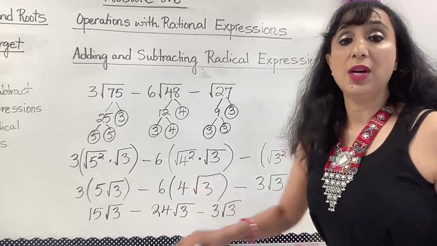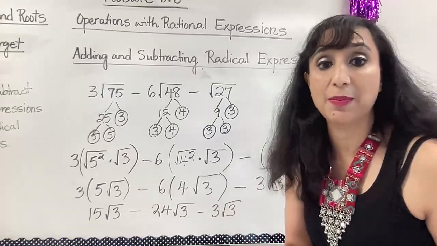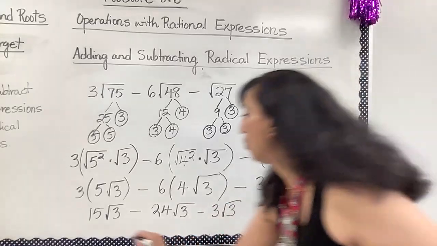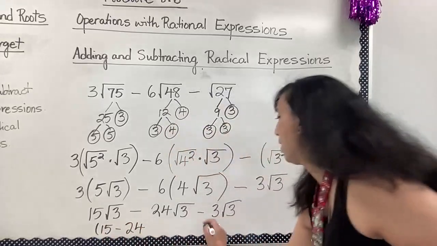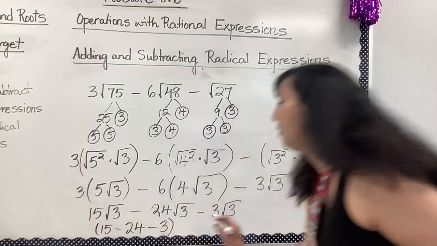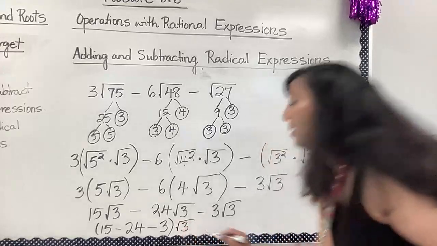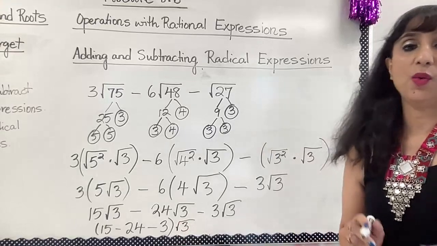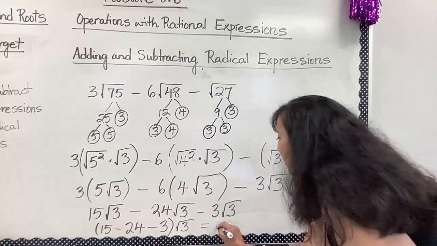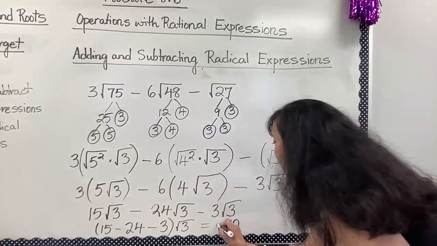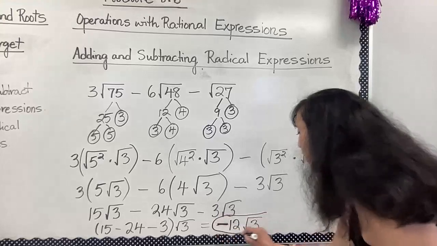I can see that all the radicands are the same, so I can subtract, right? So I am going to put 15 minus 24 minus 3, and all of that, I have the same radicand, which is root 3. So when I do 15 minus 24 minus 3, I end up with negative 12 root 3. Negative 12 root 3.